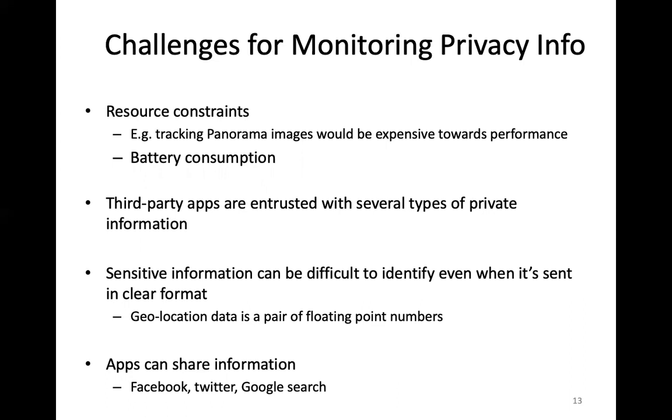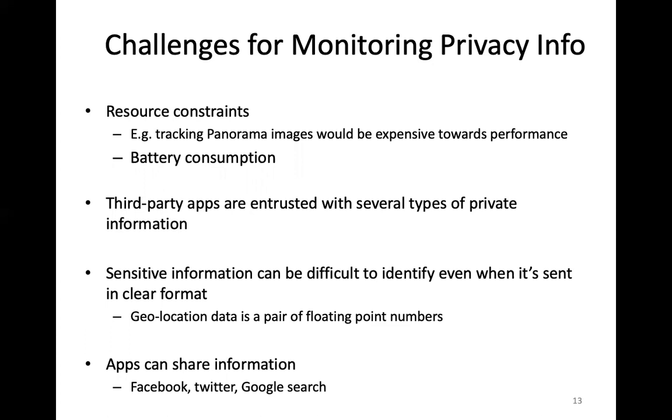And there are also third-party applications that are interested in different types of private information. And sensitive information can be difficult to identify even when it's sent in clear format. Right? If you're looking at some 16-digit number, how do you know whether it's a credit card number or not?